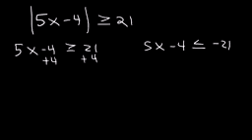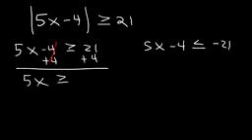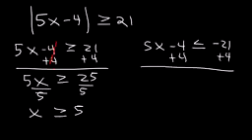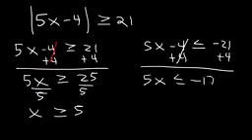So let's begin by adding 4. 21 plus 4 is 25. And now let's divide both sides by 5. So x is greater than or equal to 5. Over here, let's add 4 again. Negative 21 plus 4 is negative 17.